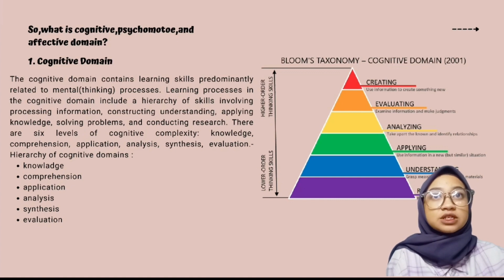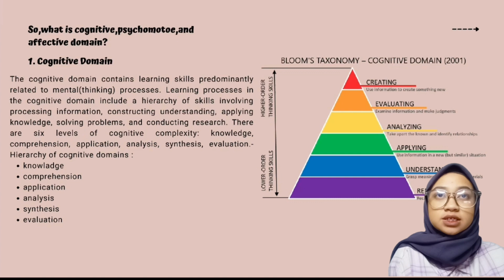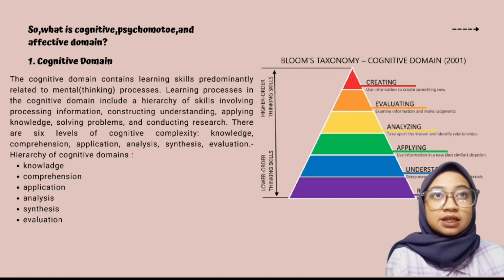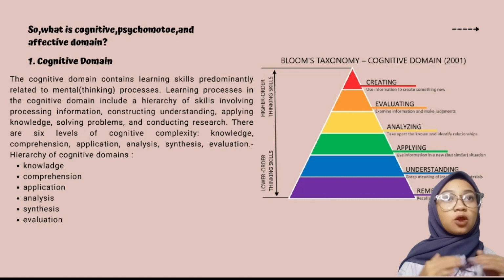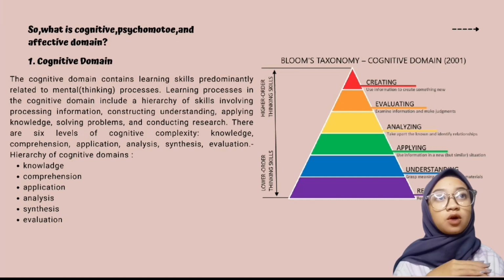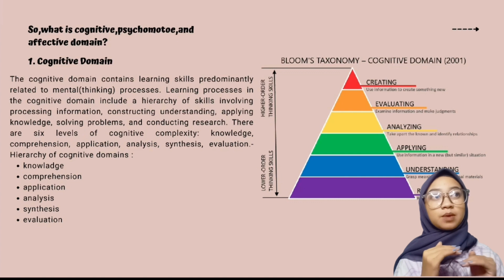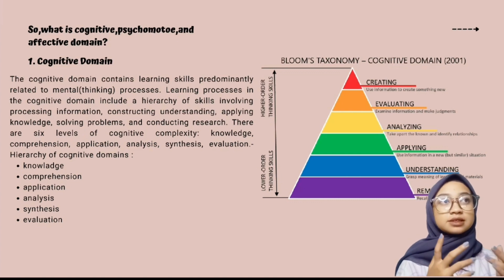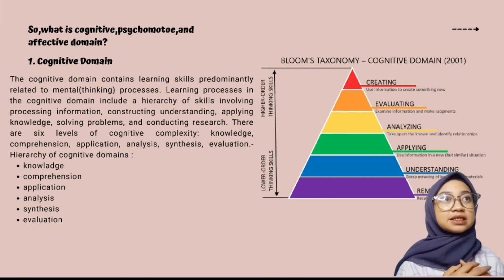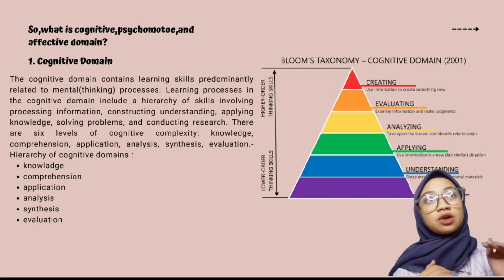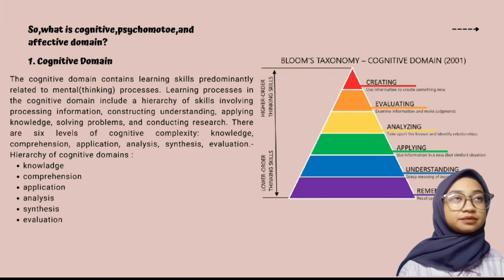The first is knowledge, comprehension, application, analysis, synthesis, evaluation. In the revised version, the lower order of thinking skills is remembering. And next is understanding, next is applying, next is analyzing, and next evaluating, and the higher is creating.